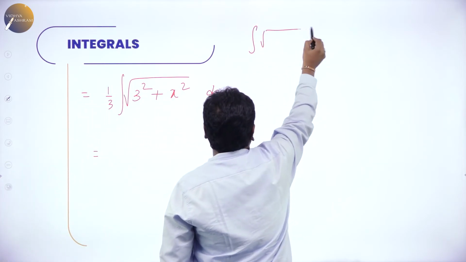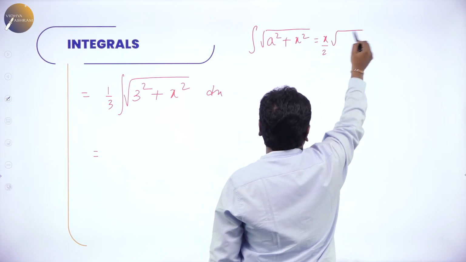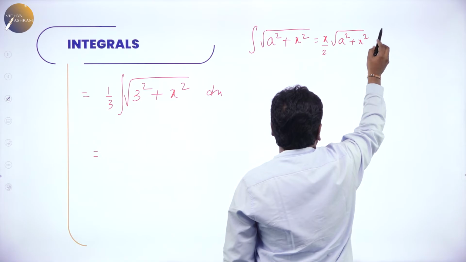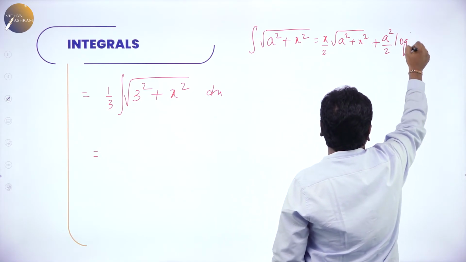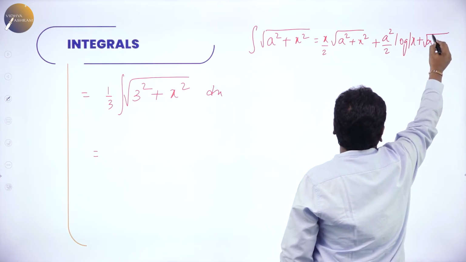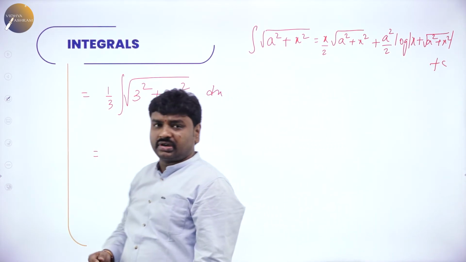All of you know what is the integration of root of a² + x². So x/2 root of a² + x² + a²/2 log of mod of x + root of a² + x² + c. So use the same formula and convert it.